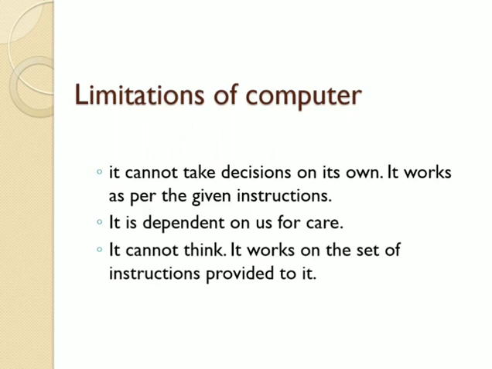Otherwise, it will not work. It has an artificial brain, but to make it work, we have to give it instructions. So these are the features and limitations of a computer.